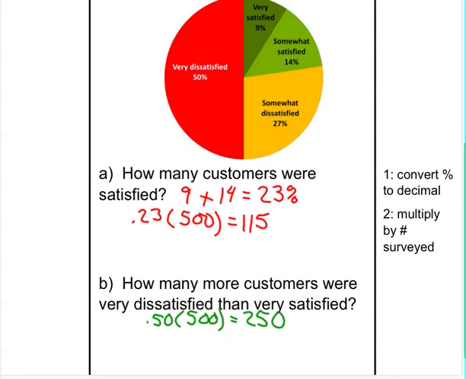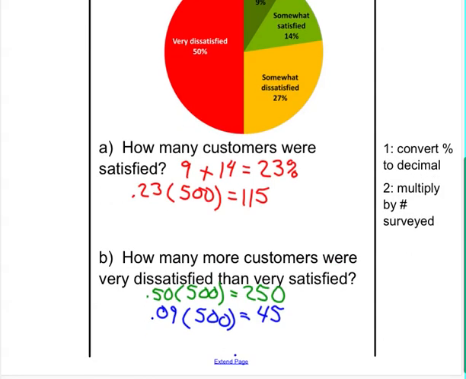So to find the number who were very satisfied, take 9%, convert that to a decimal, multiply by the 500 customers surveyed, and that gives us a total of 45 customers who were very satisfied.